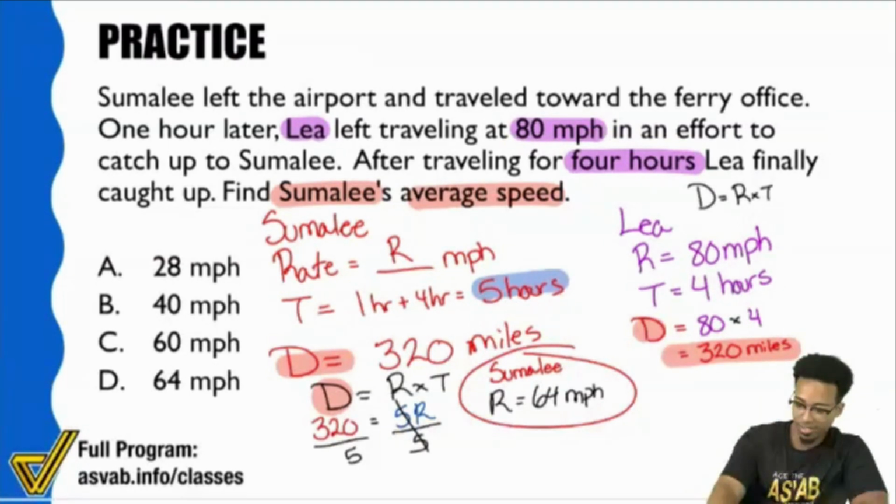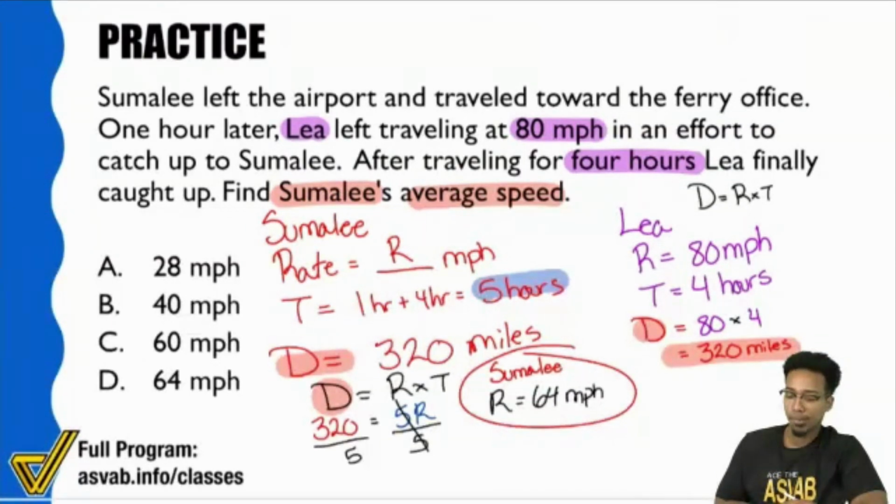Yeah, I know it is 5 hours, but what I did wrong, I did 5 hours times 80 and I got 400, and I divided it by the 5 and I got 80, and I said 80 is not there, so I guess I did something wrong. But what I saw you did, you did the 4 hours times the 80.